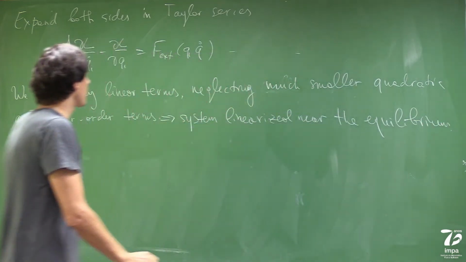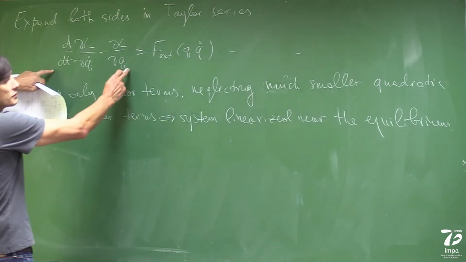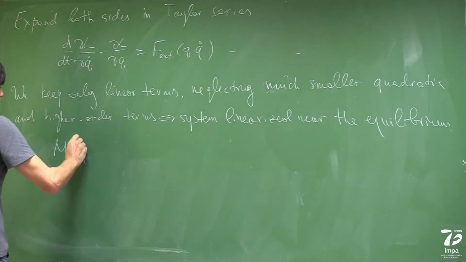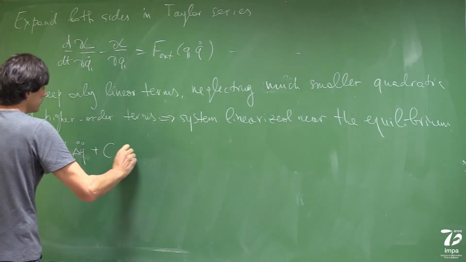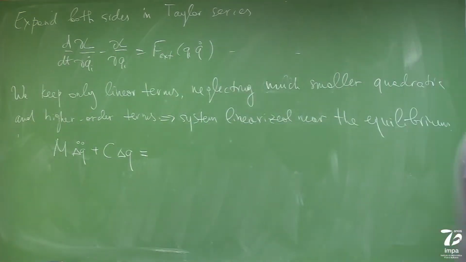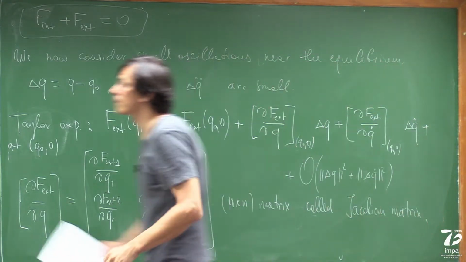So linearized comes from the fact that we just keep linear terms. We already know what this is. We did it before. It's M delta q double dot plus C delta q. And we know what will be on the right-hand side. On the right-hand side, we will have these two matrices. These are two linear terms. So we just keep them.